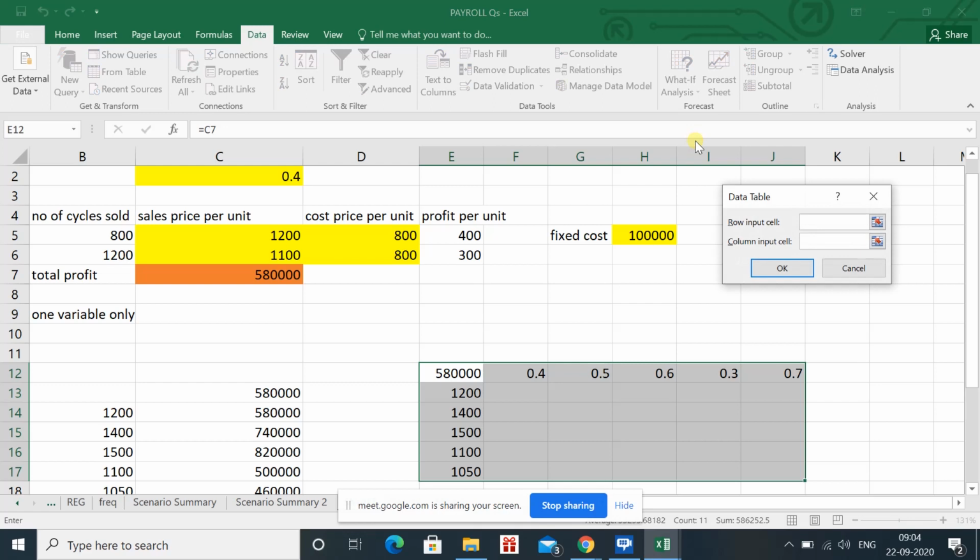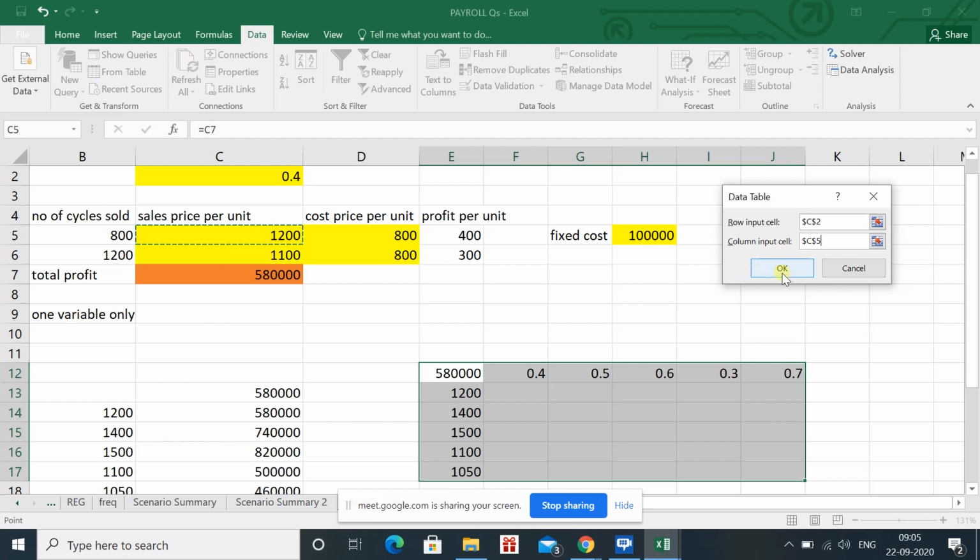Now you will see a box similar to the one we got in the second point. Here we have written the inputs for row and also for column. So what is the row input? In rows, we have written the percentage sold in the open market, and in the column, we have written the selling price in the open market.